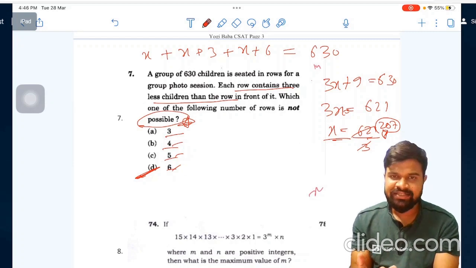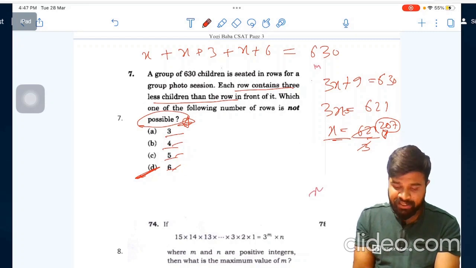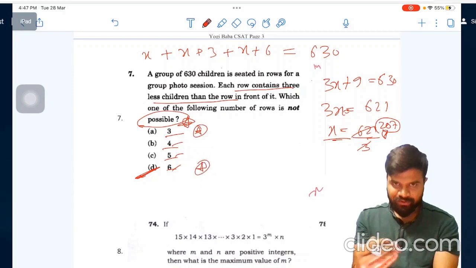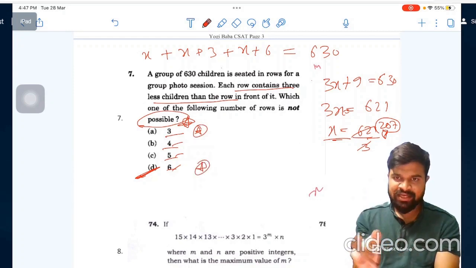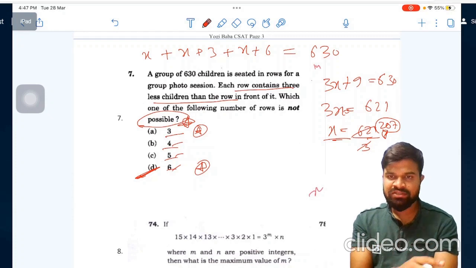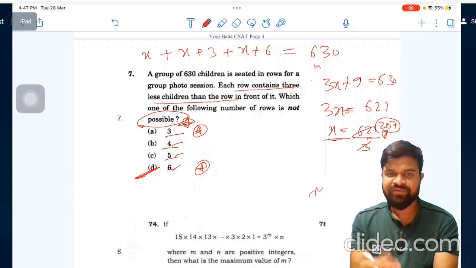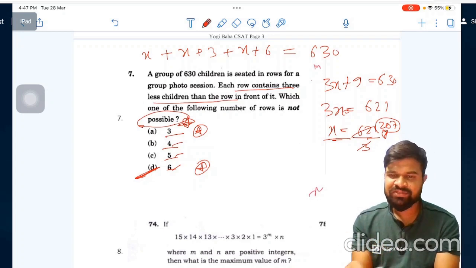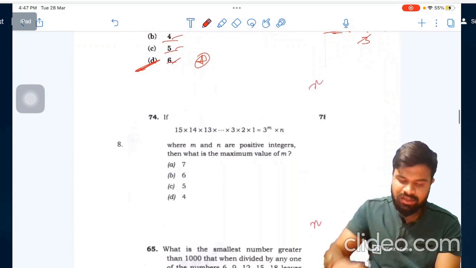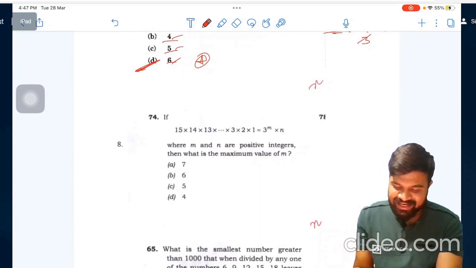I won't call it a technique, but if you have applied it on 3, then apply it on 6. Don't apply it on 4 and 5. After checking option A, go for option D, or start from option D and then go for A. The extreme options, A and D, should be checked first. That is just an observation based on PYQs, and there is nothing logical behind that.